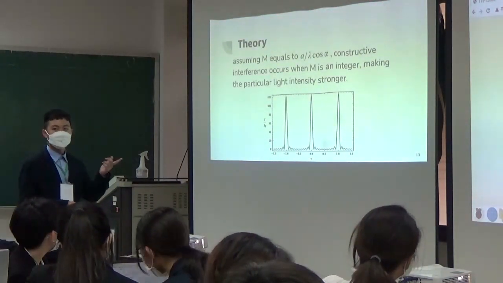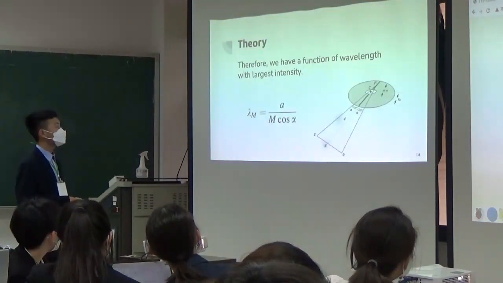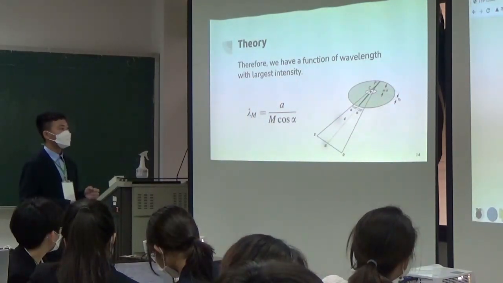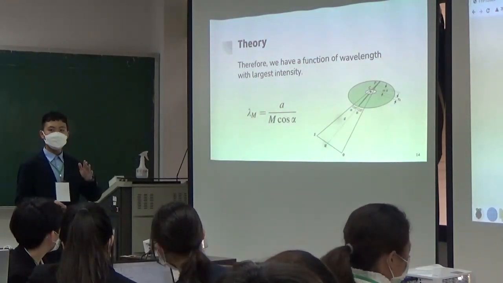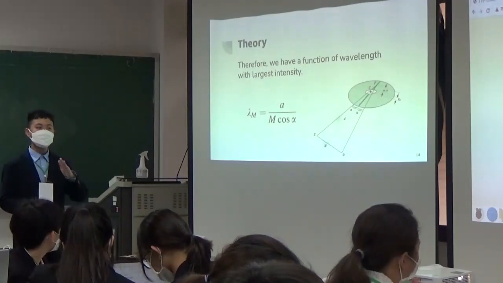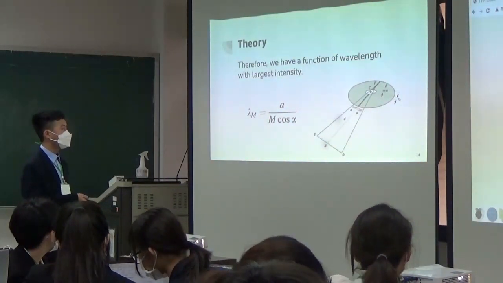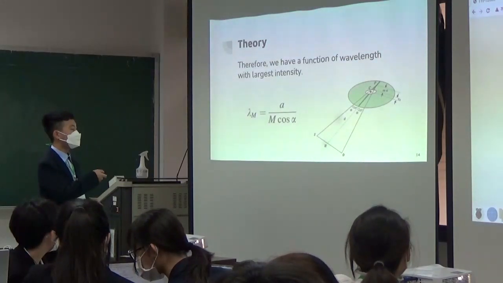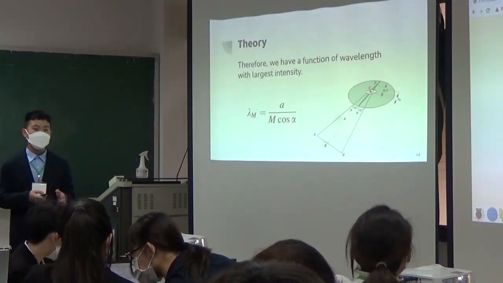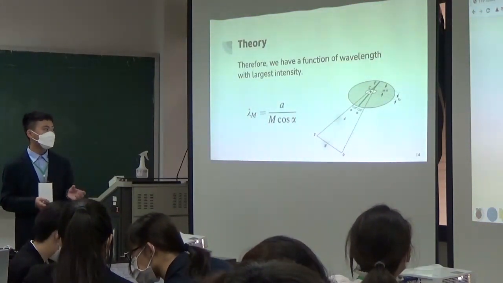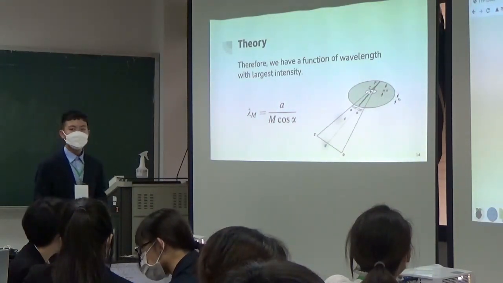That's the line we see. If we don't consider the inclination of the CD and only consider alpha, we get lambda equals a over n cosine alpha.